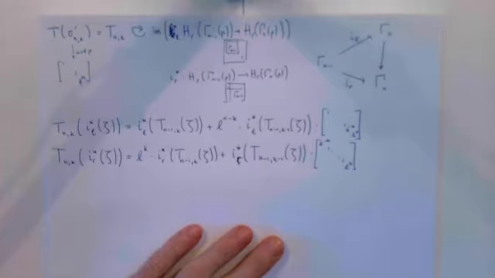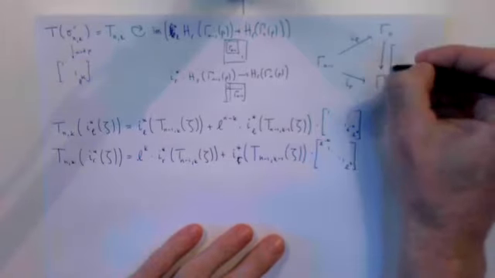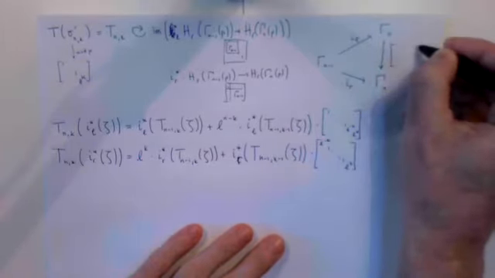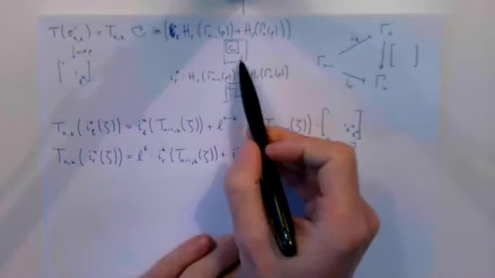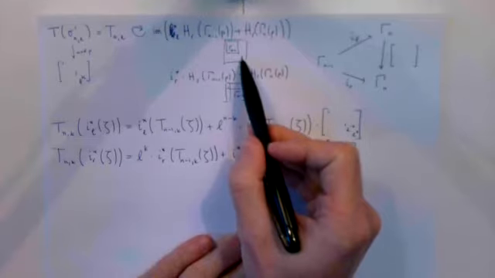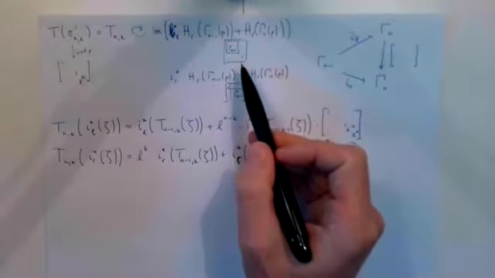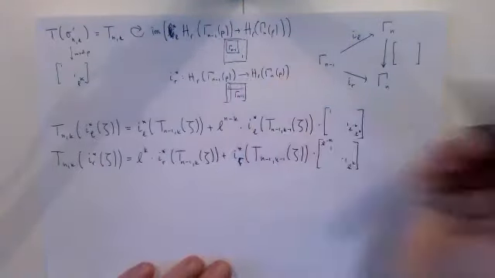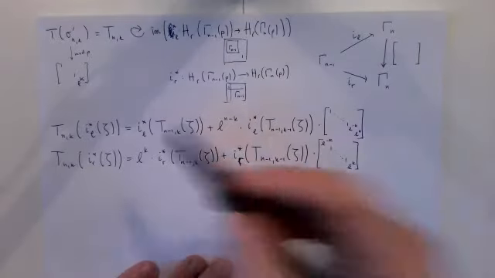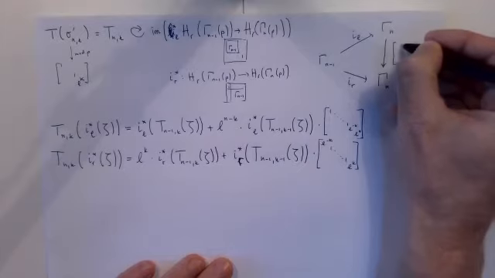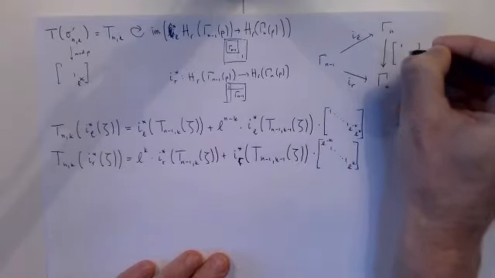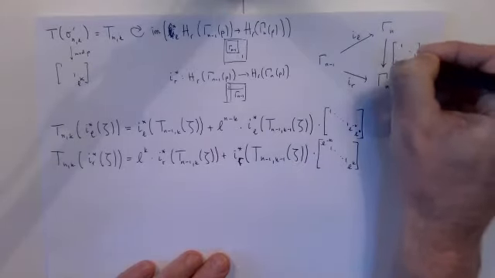And now I have to think what is the right, by conjugating with the right permutation matrix. And this would be the cyclic permutation, and I think it would be this cyclic permutation.